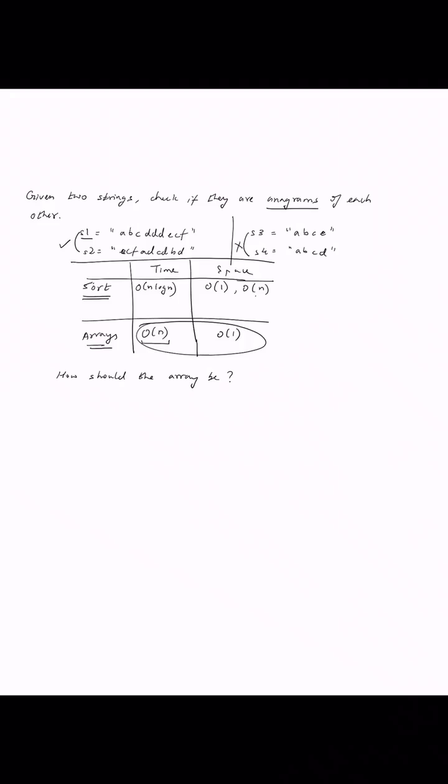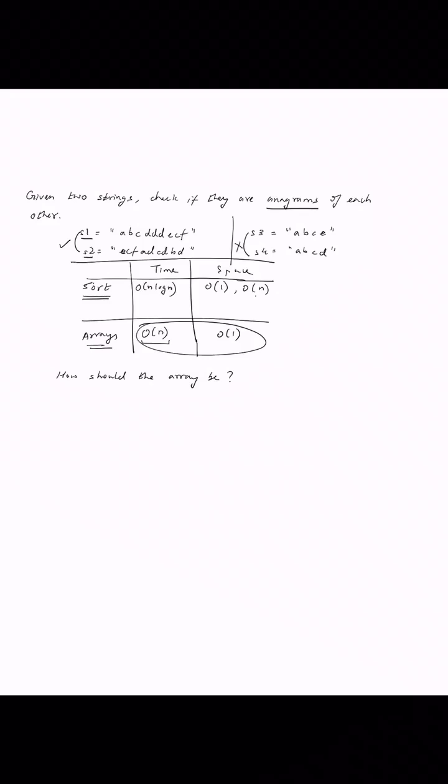For each of the characters you figure out how many times they occur, and then use that data structure to do a linear scan on S2 to see if the number of occurrences of the characters in S2 match with S1. Obviously, this is all done assuming that the lengths of S1 and S2 are the same.